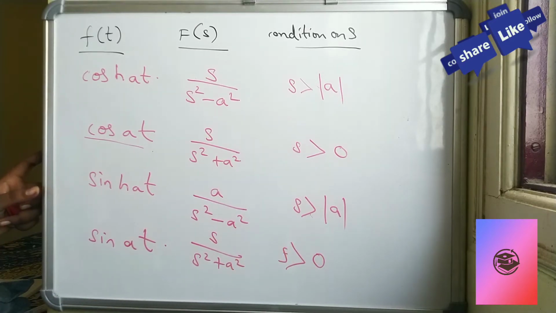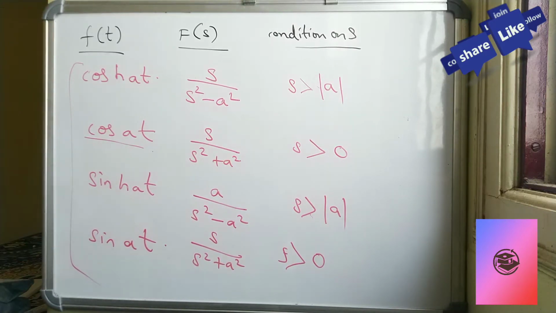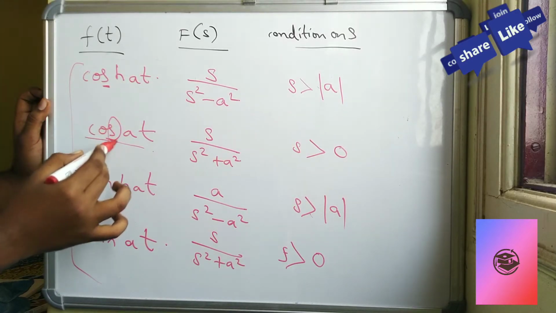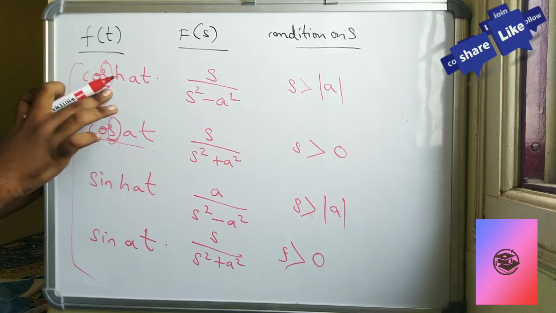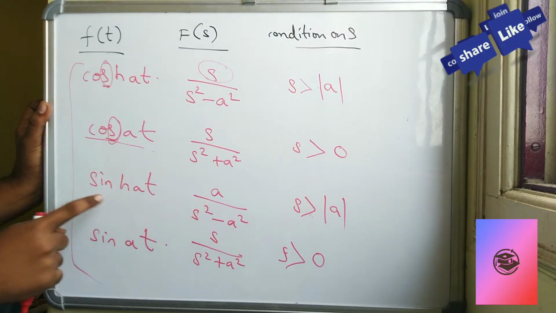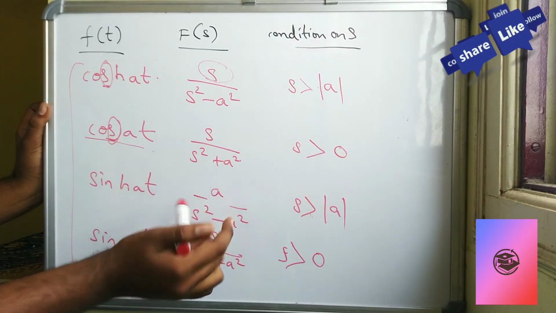Now try to analyze these four formulas; it's easy to learn them. See this hyperbolic function. Remember, cos contains s, so in the numerator s will come. Sine does not contain s, so in the numerator you write a.